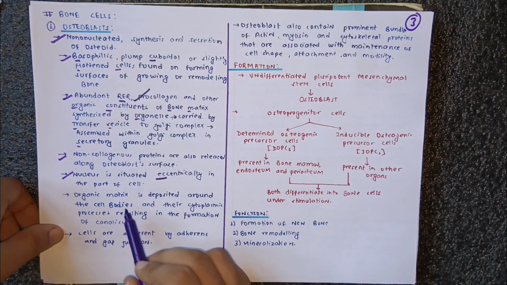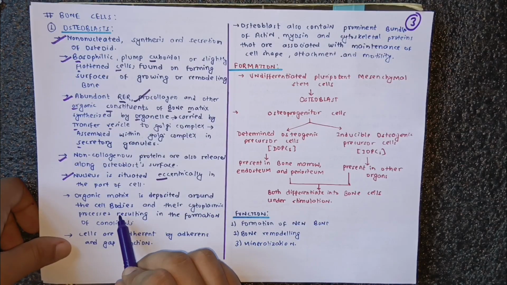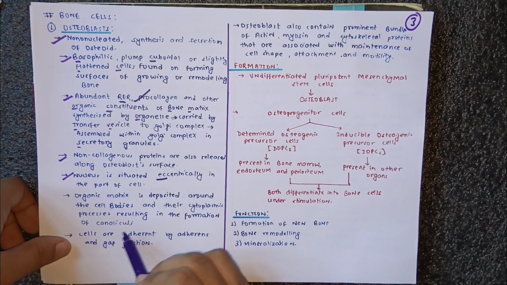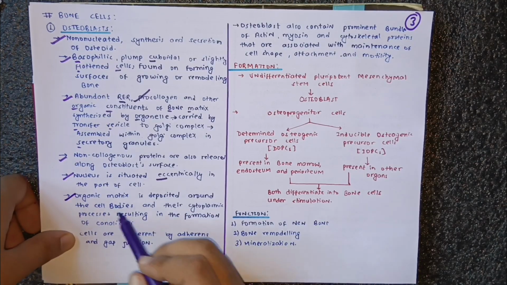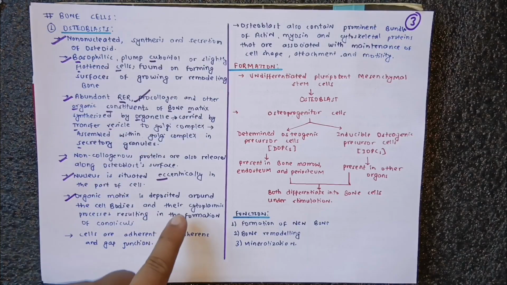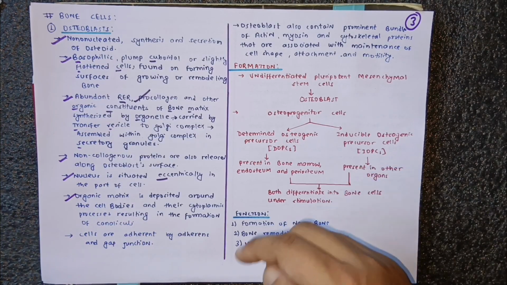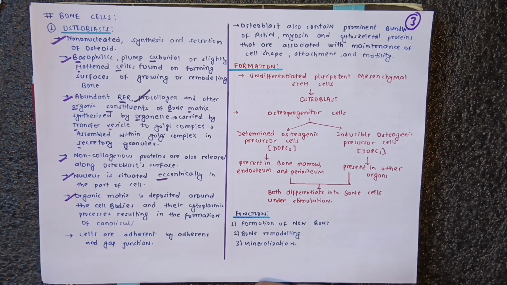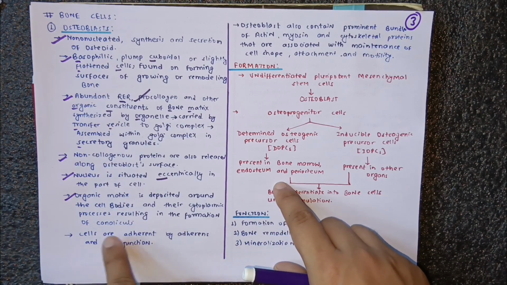After that, organic matrix is deposited around the cell bodies, that is osteoid, and their cytoplasmic processes result in the formation of the canaliculi.